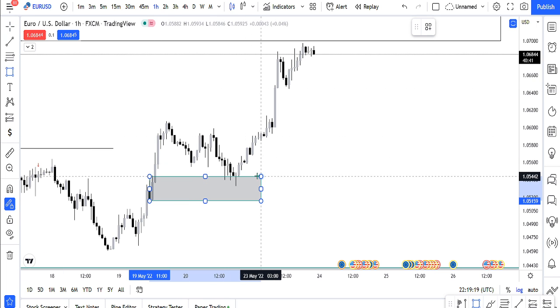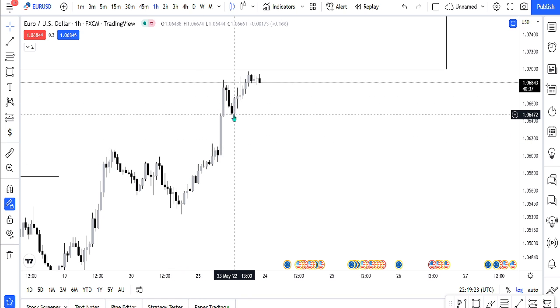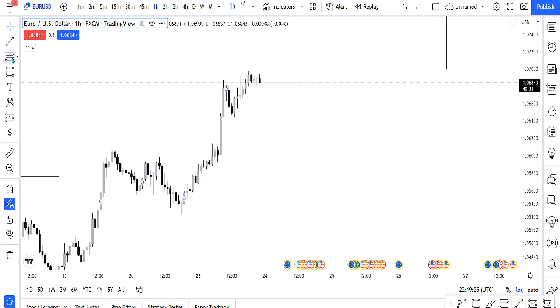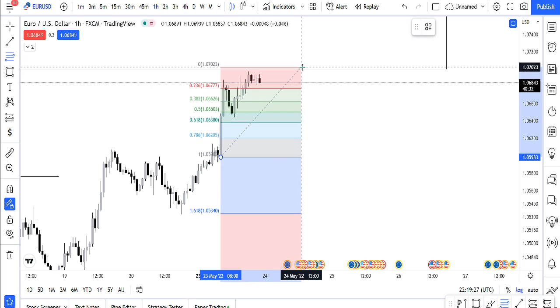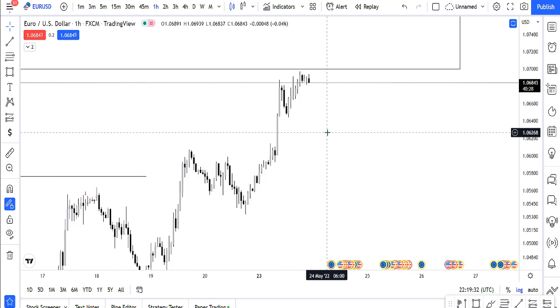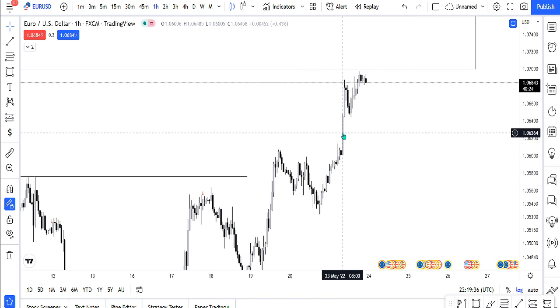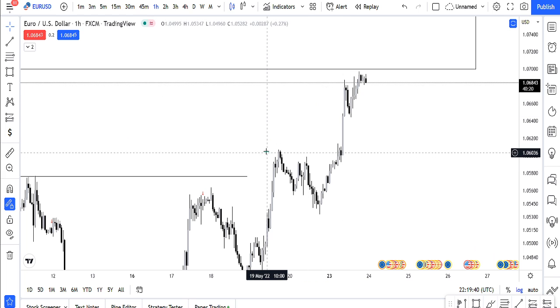And here also, see, price didn't actually retest. I'm not sure if that's the 50%. Actually, yeah, I think that's the 50% area, and again retested. Imbalances don't happen that much, and therefore I don't really trade them as much as I trade supply and demand.